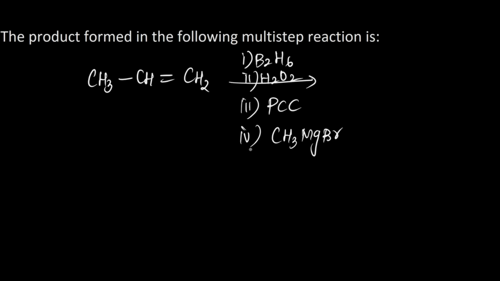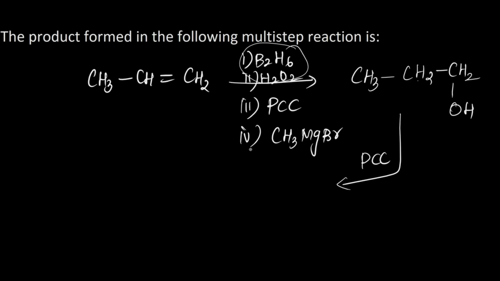First one, B2H6, is hydroboration, right? So which will lead to CH3CH2CH2OH, right? Anti-Markovnikov, in the presence of peroxide. Altogether this product.